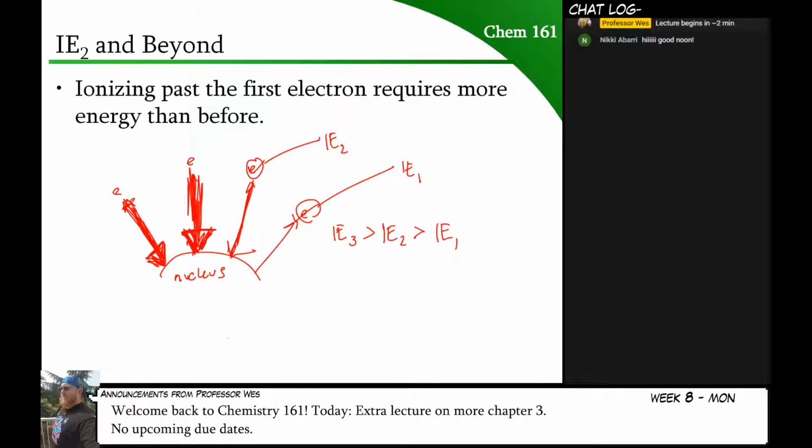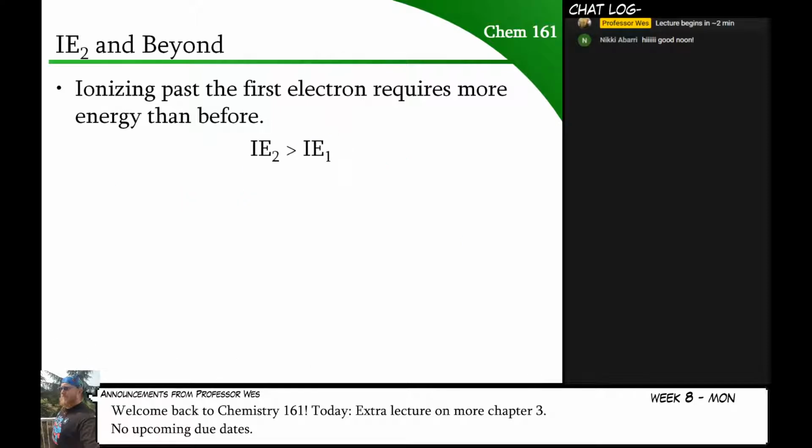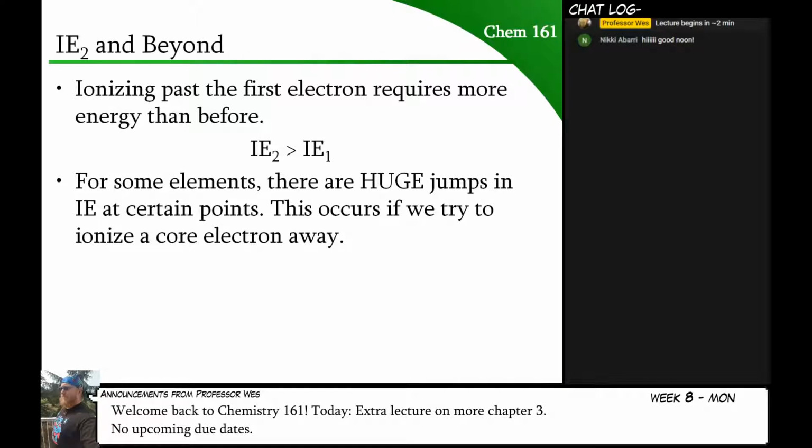Now, in some cases, the amount of energy that is required increases by far, far, far more than we would expect. And I call this a huge jump. And I call this a huge jump with an H in it and not a huge, because I'm an educated individual.